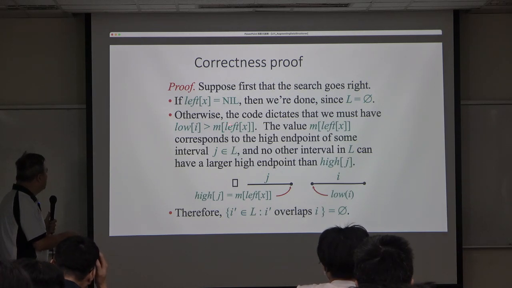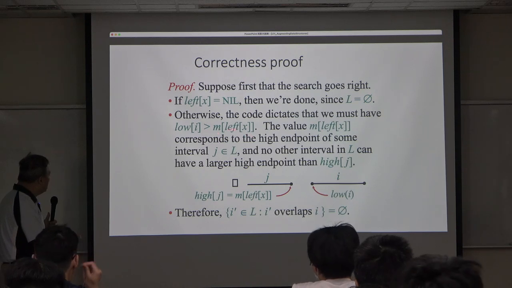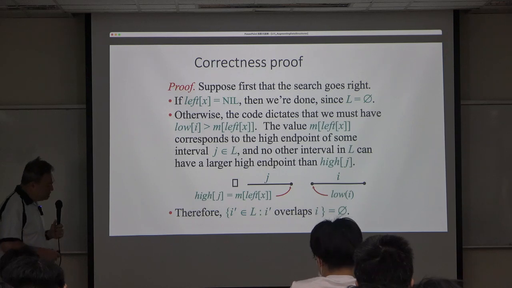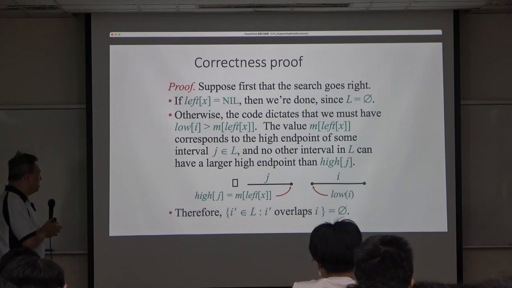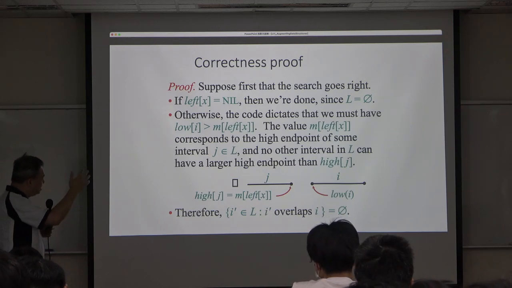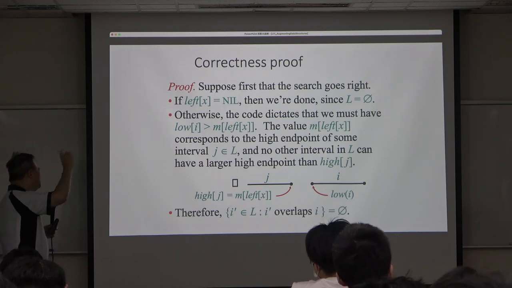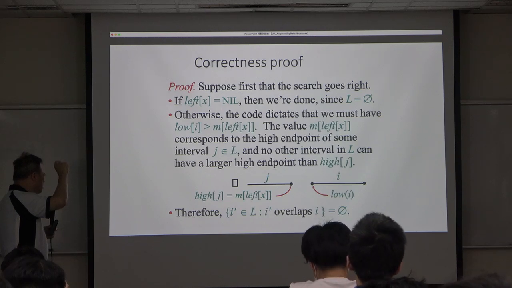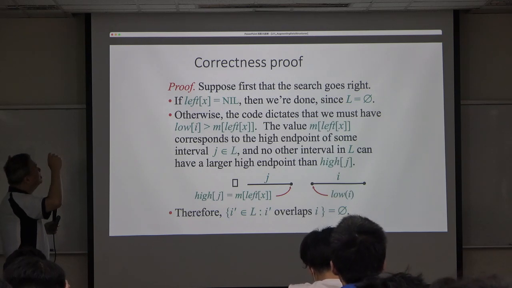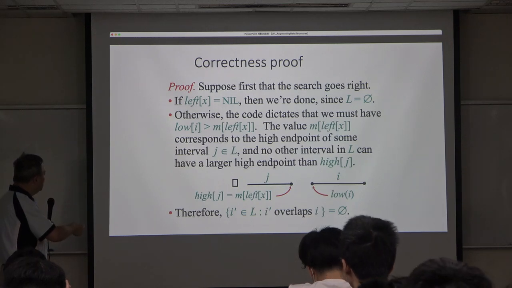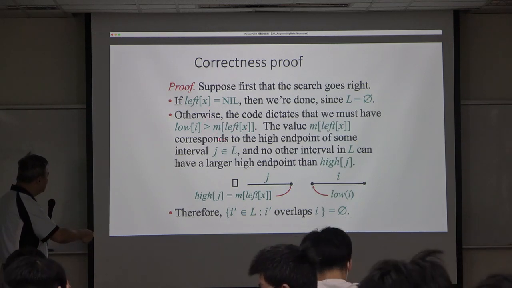As I said, this must be bigger than any interval that's stored in the left subtree. It is the highest right endpoint among all nodes in the left subtree.